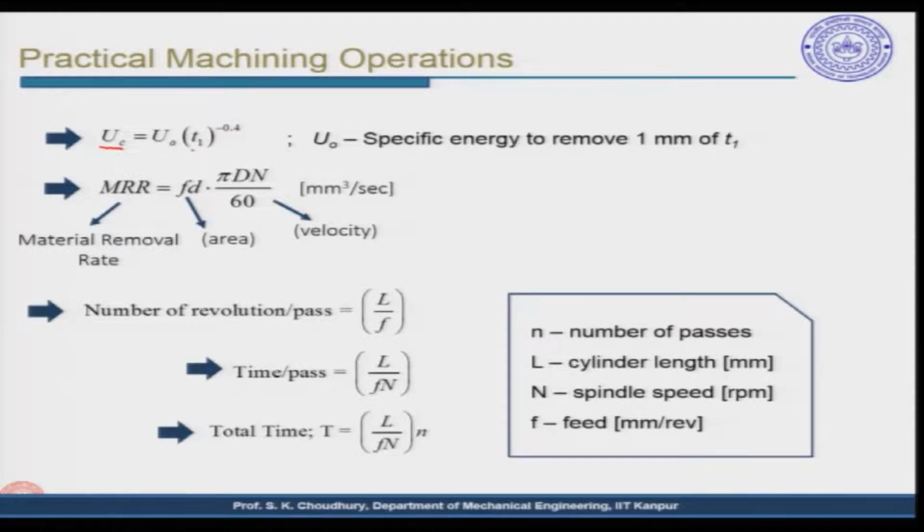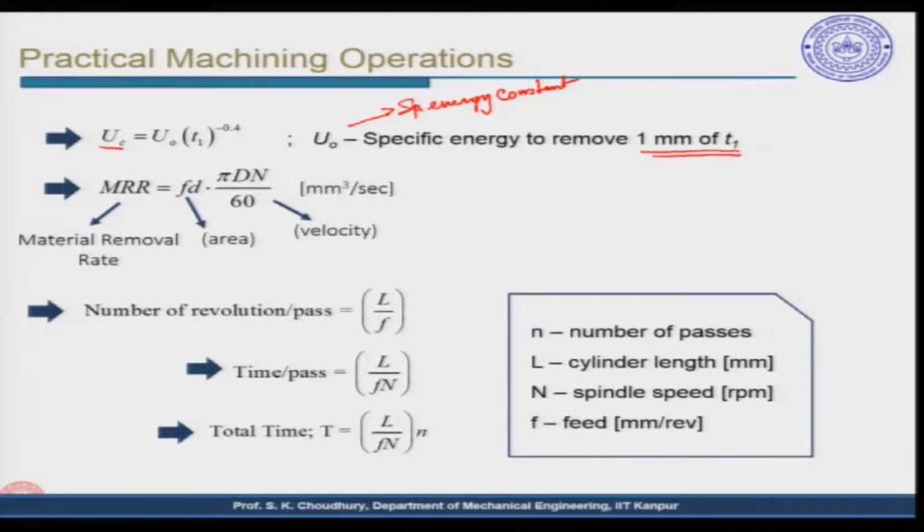T1 is the uncut thickness and U0 is the specific energy to remove 1 millimeter of the T1. So, sometimes it is called the specific energy constant or coefficient, because it is the energy that is spent to remove 1 millimeter of the T1.